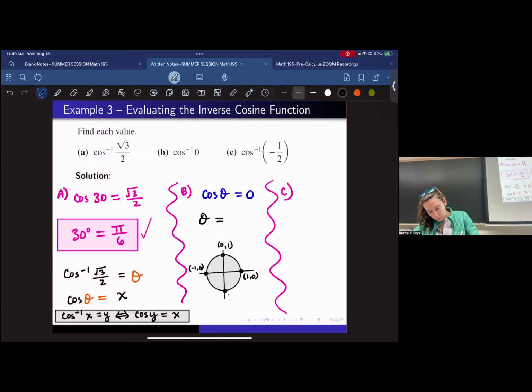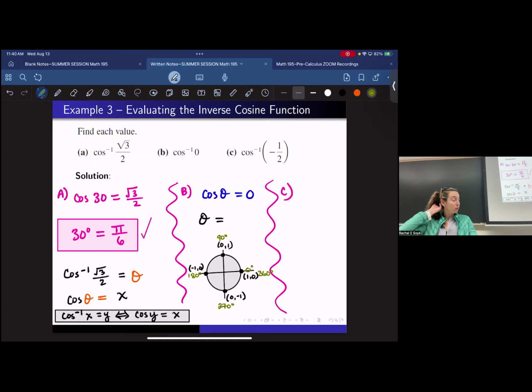And this is our coordinate point 0, -1. And then in terms of angles, we have 0 degrees, 90 degrees, 180 degrees, 270, and then 360.